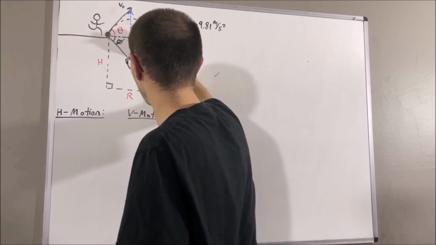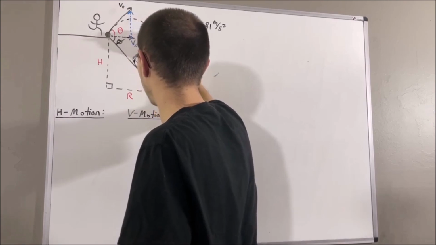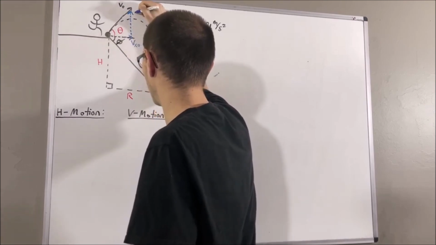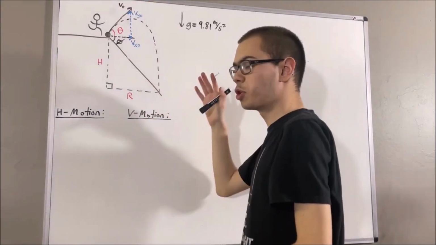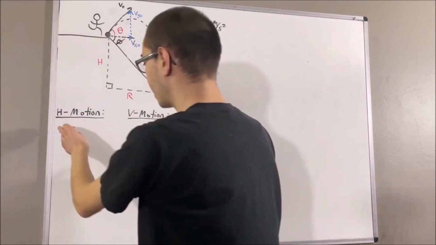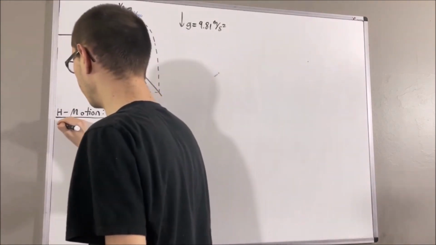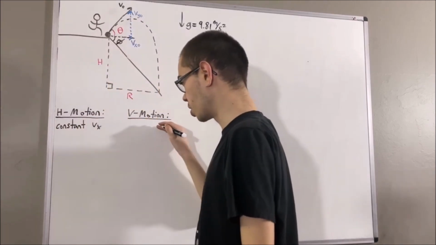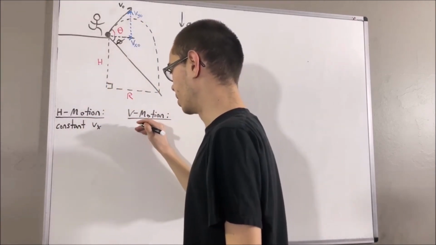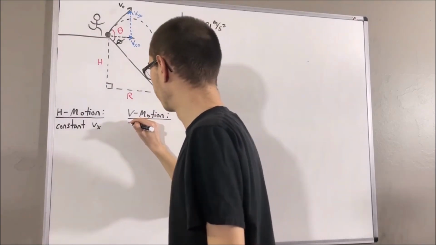The horizontal component I'll label Vx0, and the vertical component I'll label Vy0. Now, when it comes to projectile motion problems, when we're analyzing the horizontal motion, we're dealing with constant velocity. And when we're analyzing the vertical motion, we're dealing with constant acceleration.